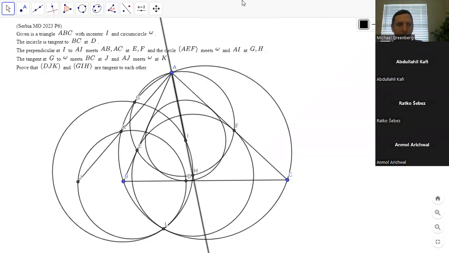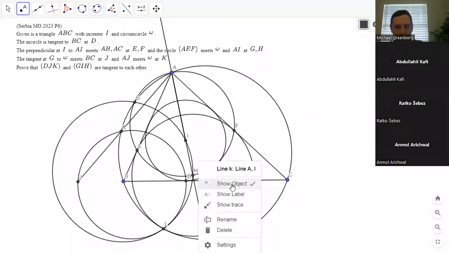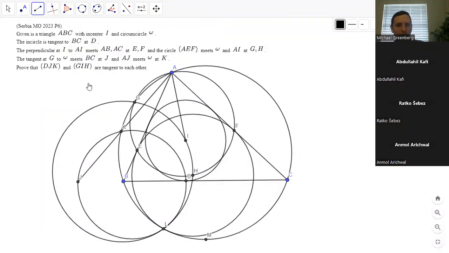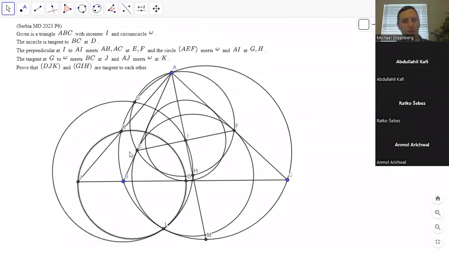Let me draw the midpoint of the arc just in case it's helpful. All right. So first of all, we want to show that JKDL is actually cyclic and that GIHL is cyclic, and then we want to show they're tangent. Four concurrent circles remind me of complete quadrilateral, right?